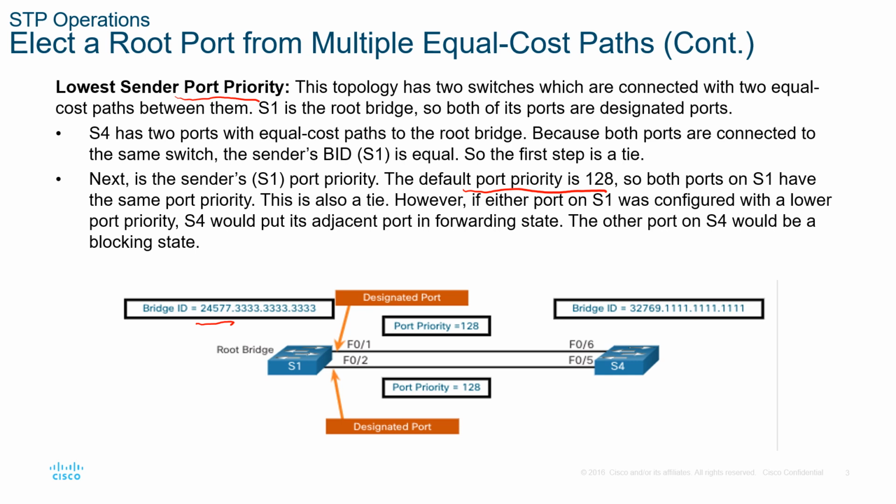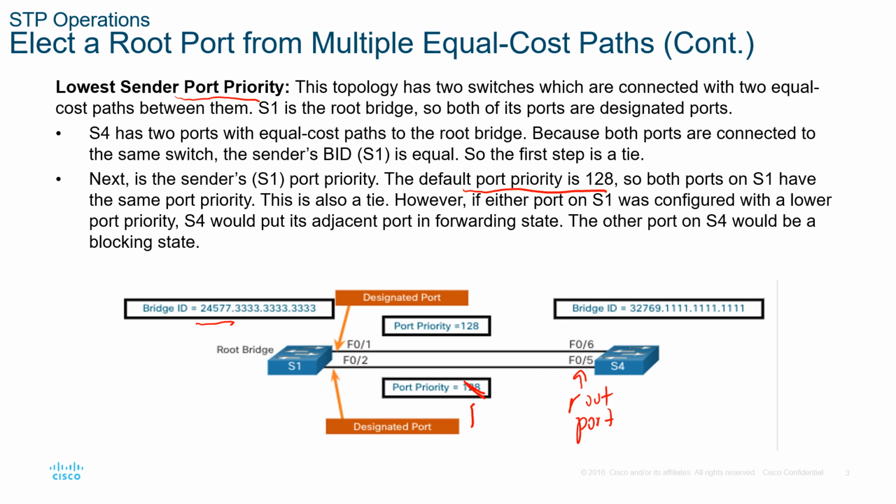Okay. So if, for example, you would like to manually assign F05 as the root port, what you have to do is change the port priority for F02 on S1 to a lower value, for example, 1.